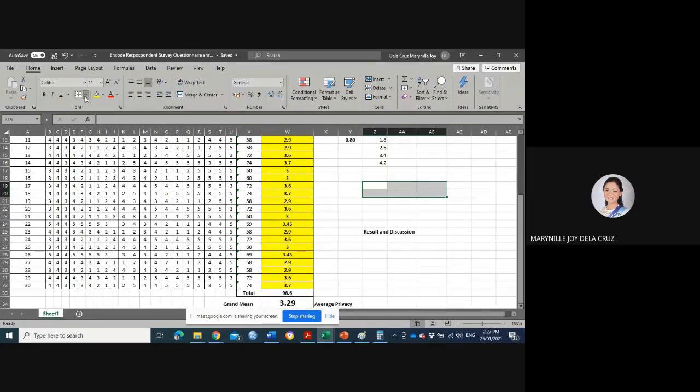Tatlo lang yan. Respondent, for example, type, o ano ba ito? Facebook and Privacy. Then mean, then verbal interpretation.